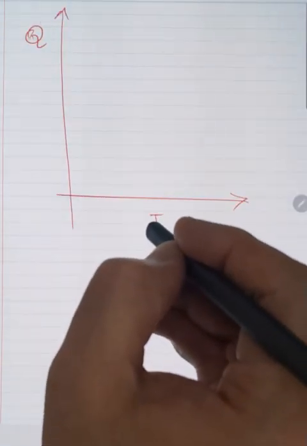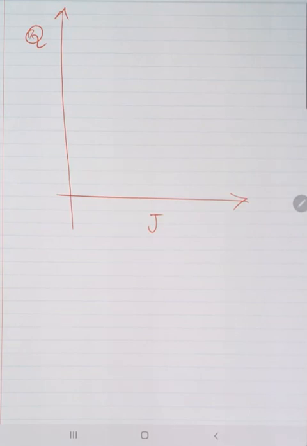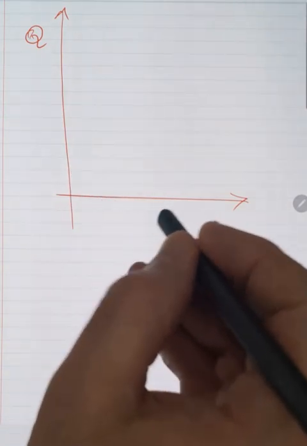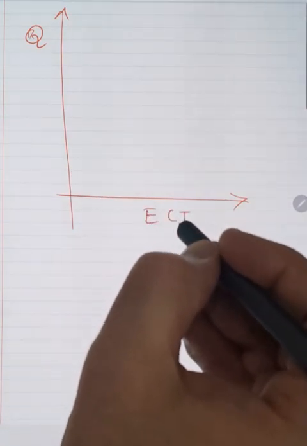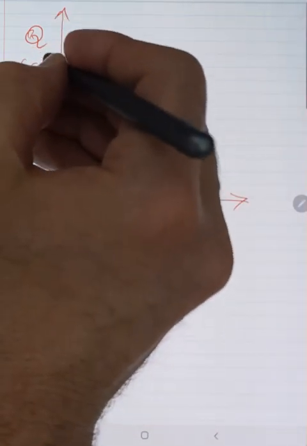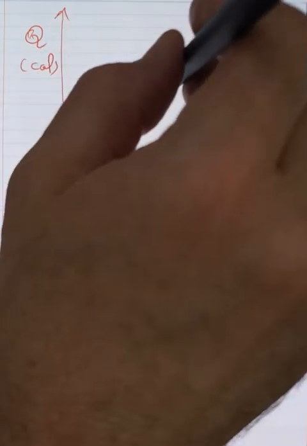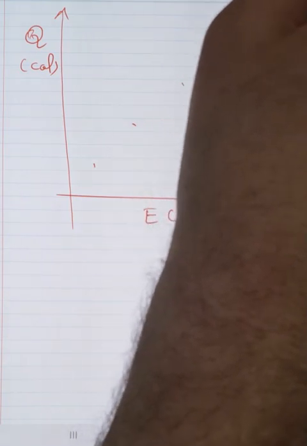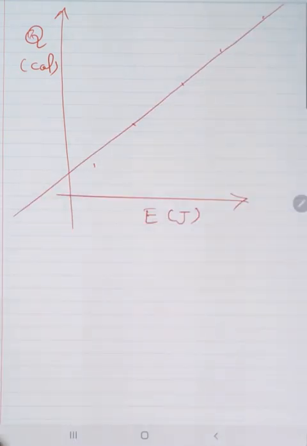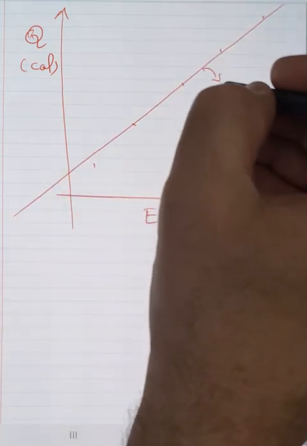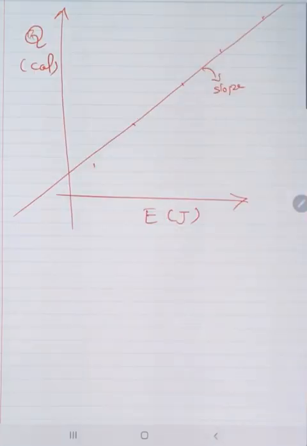Then we just draw a graph of Q versus E. The unit here is joule and the unit here is calorie. We have our data points and then we find the slope, and the slope will give us the relation between calorie and joule.